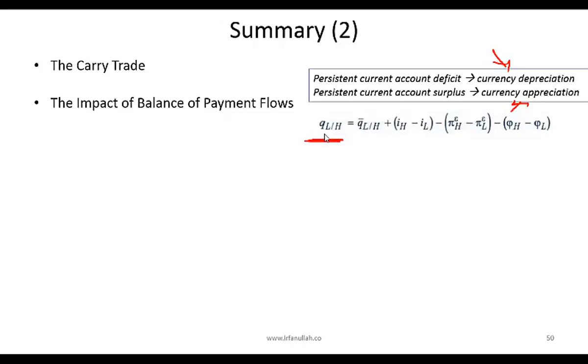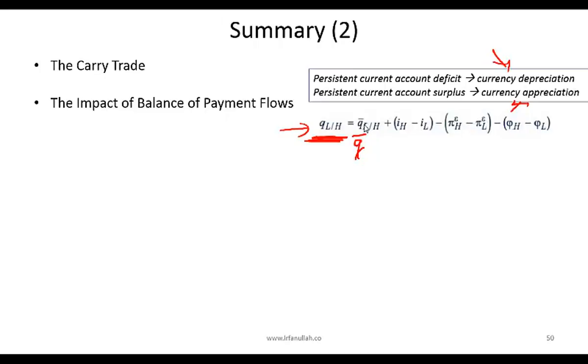Q stands for the real exchange rate, and L and H refer to low yield and high yield currency. Here the high yield currency is the base currency. You need to remember this relationship. What does Q bar mean? This is the equilibrium exchange rate. This is what the exchange rate should be. This relationship helps us recognize that the current real exchange rate is not necessarily the same as the equilibrium.